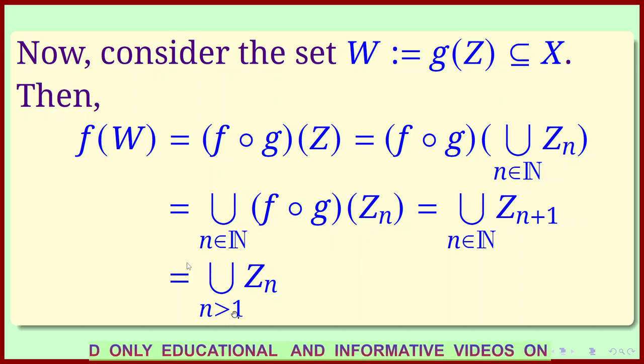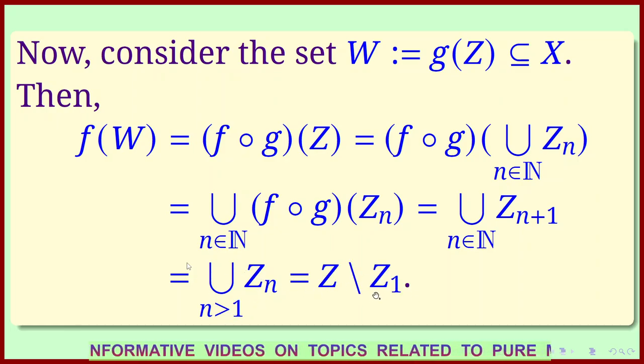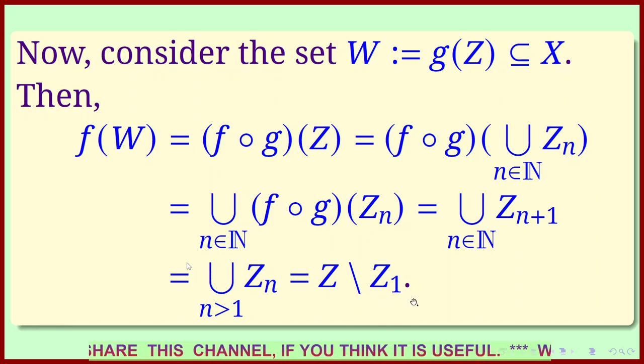Okay, so this union is the same as this union. And this union we have seen to be equal to z minus z1 in our previous slide. So this union is equal to the whole of z minus the first term of that sequence, z1. So this we have seen. So what does it mean? It means that f of W is equal to z minus z1.